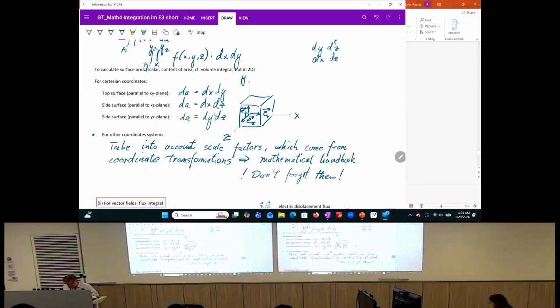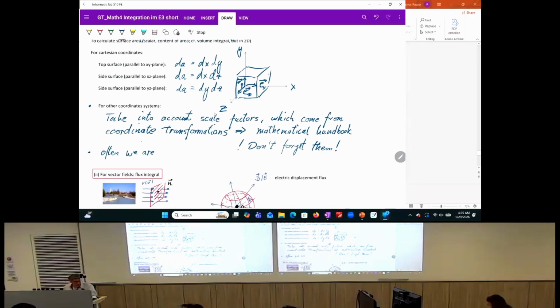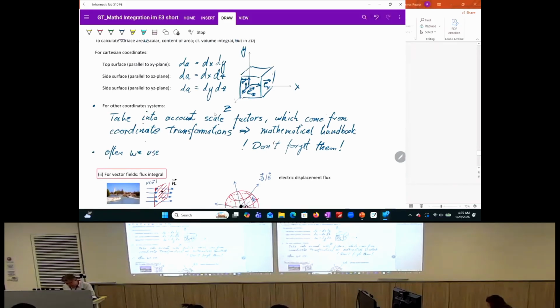The way they are commonly denoted, because they are enclosing a volume, is with this partial V sign. So often we use closed surface integrals.